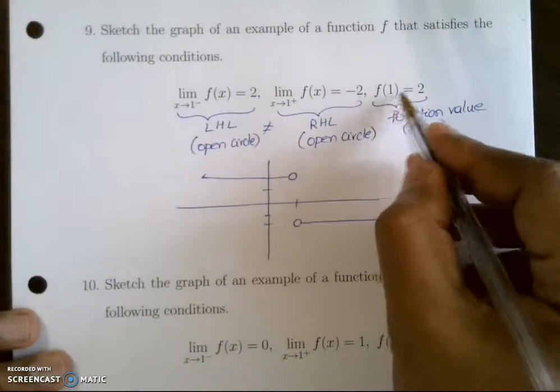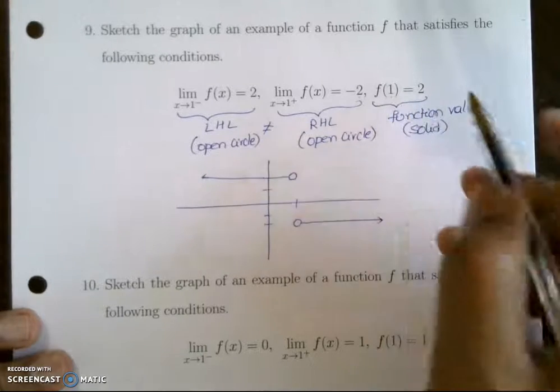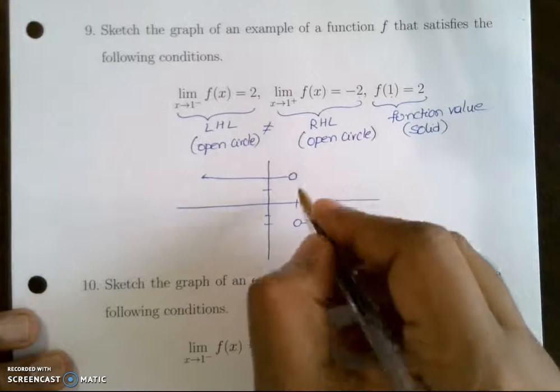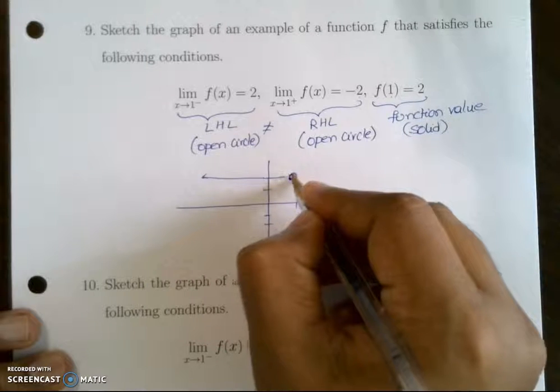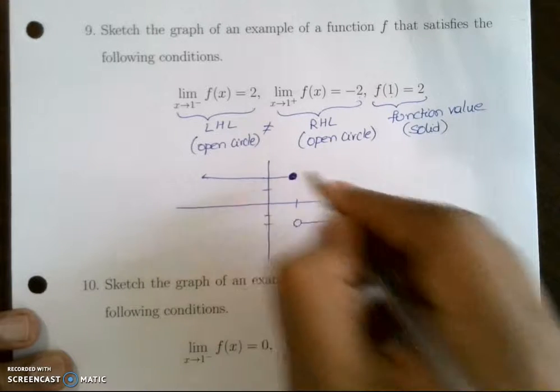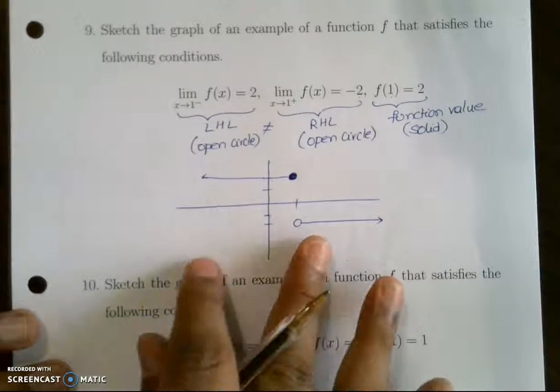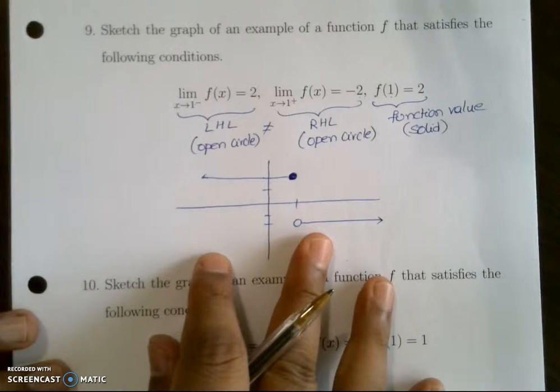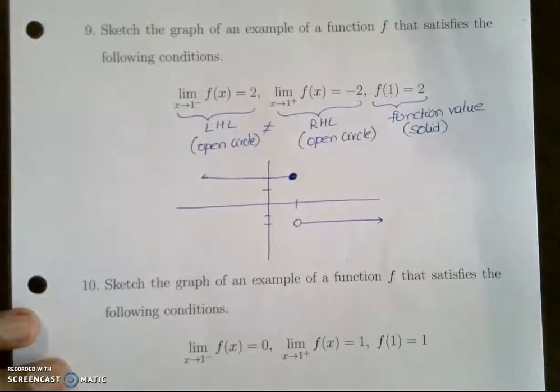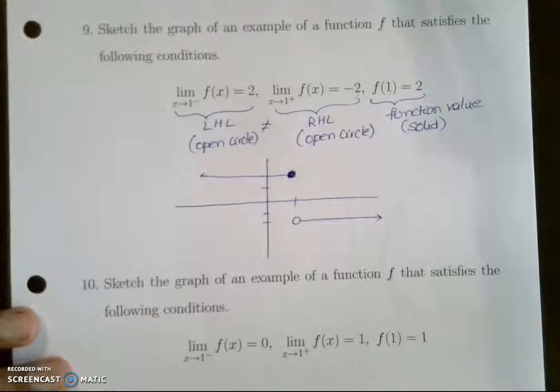And the function value at 1 is 2. So that means at x equals 1, the y value is 2, so this is a solid circle. This graph represents one of the several possibilities for this information here. I hope this concept is clear.